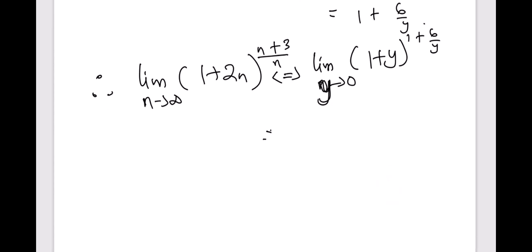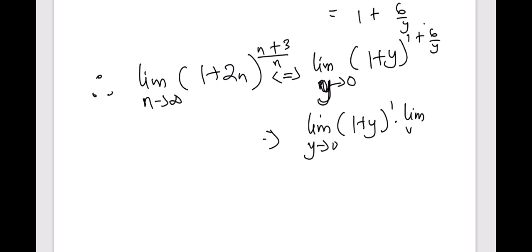This will imply that we have the limit as y goes to 0 of (1 + y)^1 times the limit as y goes to 0 of (1 + y)^(6/y), like this. Because this is like the powers of indices, they are adding to each other.